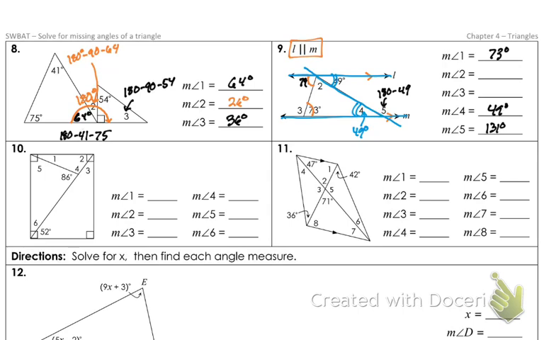Hate to put you on the spot. If you have questions, ask me. It's basically the same problem. How do I find angle 3 then? Using the same idea we did here. 73.